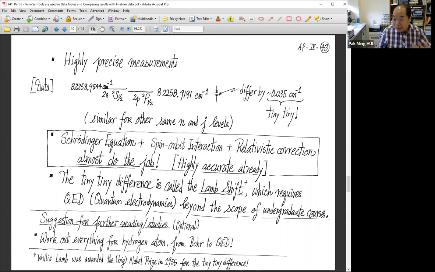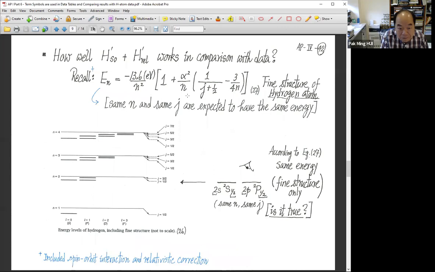The whole quantum mechanics starts from this Balmer series, Lyman series of the hydrogen atom. We want to explain it. We have the Bohr model, okay, as an intermediate step. Then we have Schrödinger's first paper solving the hydrogen atom. We are not satisfied. Then we have the Dirac equation solving it, and we get this result.